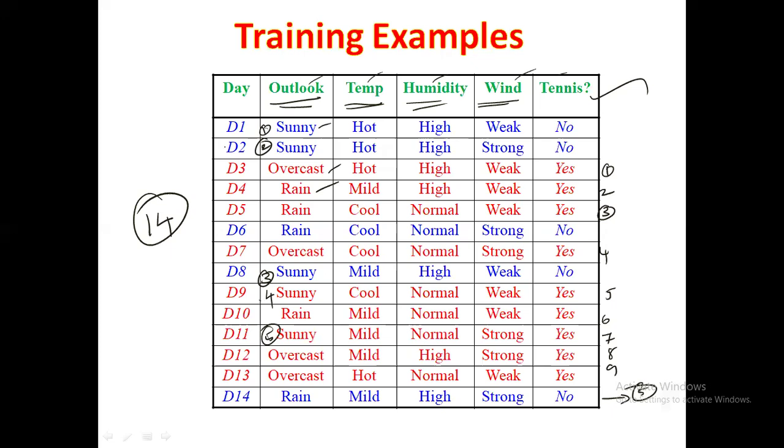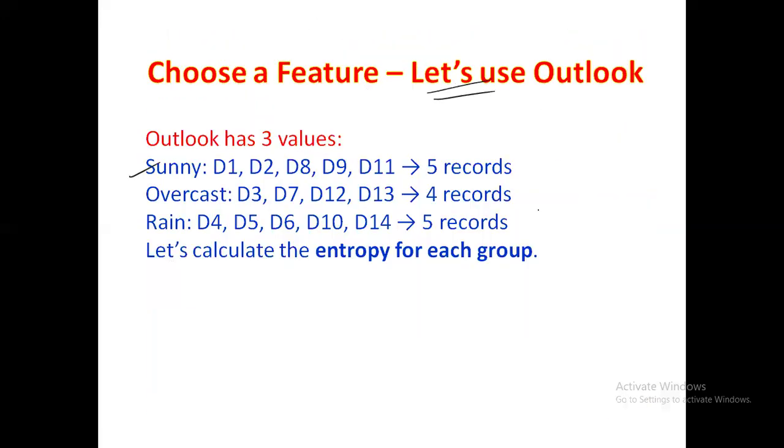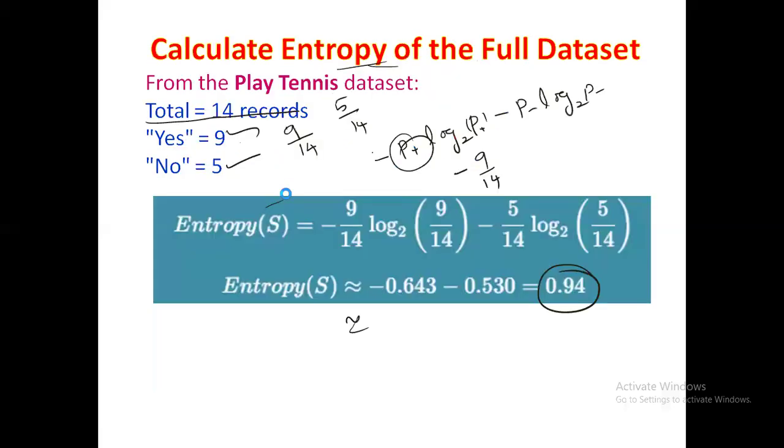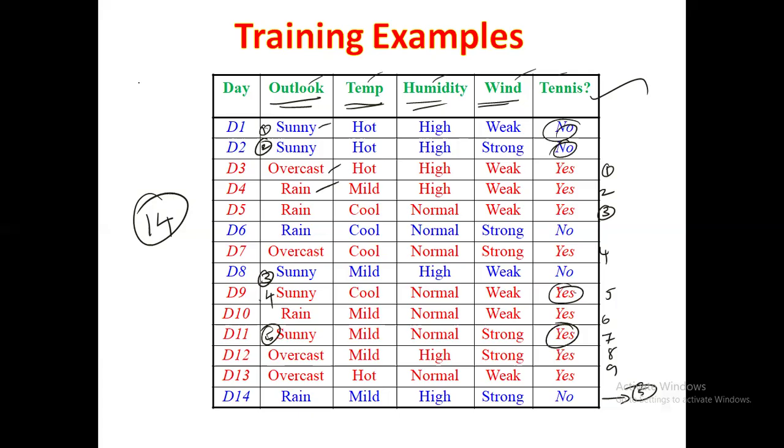In Sunny there are 2 yes and 3 no's. So 5 records are available: D1, D2, D8, D9, D11. And overcast, if you look at the table, this is overcast, this is overcast, this is overcast.